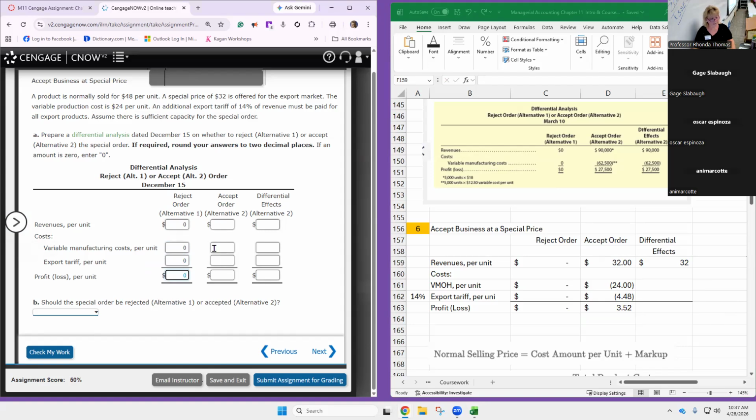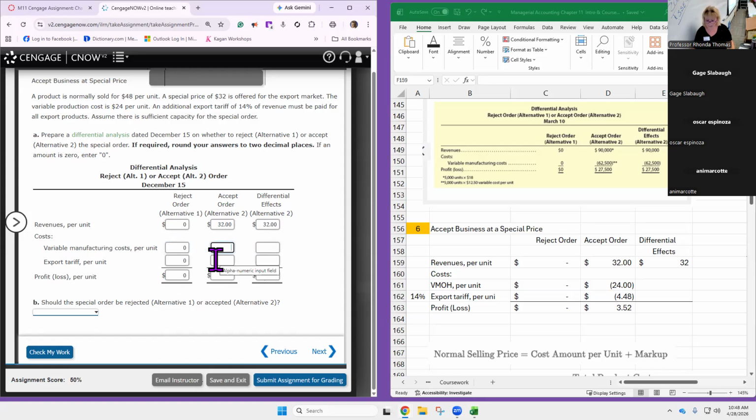What it boils down to is whether the special price is enough for us to either break even or still have a little bit of revenue. If this ended up being a negative number down here, we probably would say no. The new sales price is definitely going, so it all boils down to how much the cost will be, and the fact that we had this extra tariff here, which wouldn't apply to our normal operations.